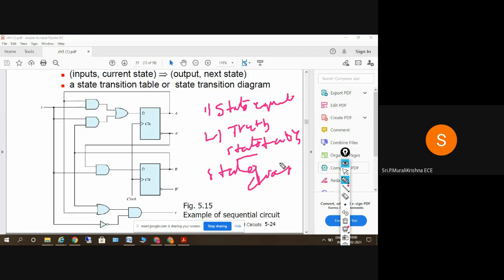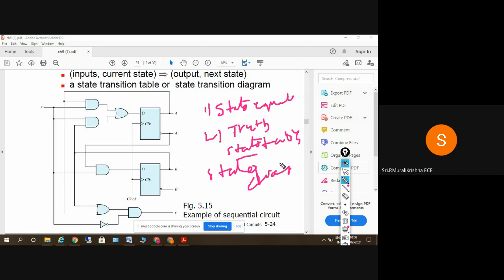After deriving the state table, draw the state diagram. This is the analysis part in most of the cases, and we can do the analysis with three kinds of flip-flops. We will not use SR flip-flops; we'll be using D flip-flops, JK flip-flops, and T flip-flops. These are the three circuits used to perform the analysis of the sequential circuit.